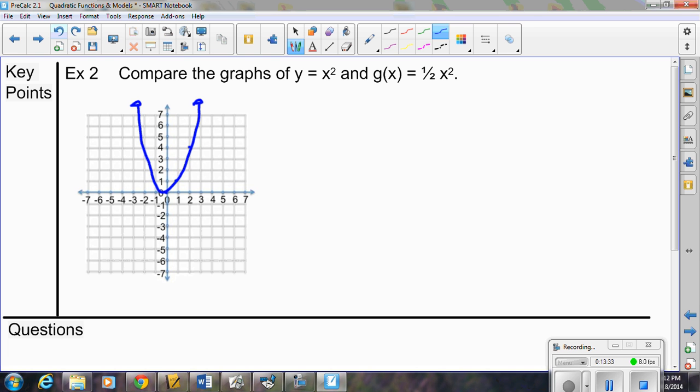And then half x squared would be half of 2, and then 8 would be down at 4. And so we'd have this general shape.